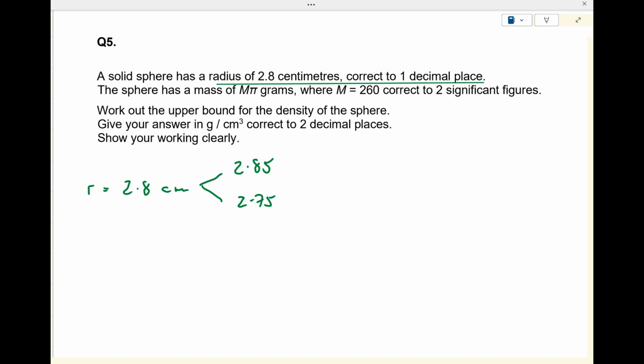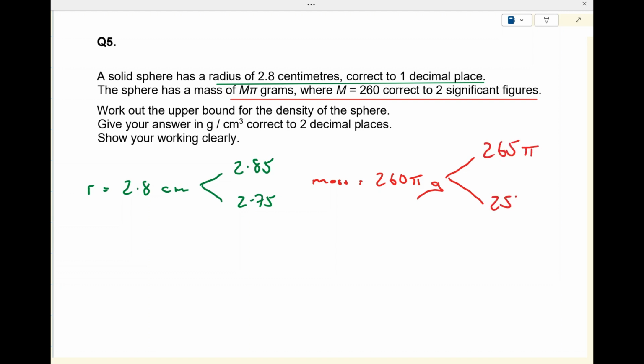The sphere has a mass of m pi grams where m equals 260 correct to 2 significant figures. Wait a minute. So the mass is 260 pi grams, where the 260 is correct to 2 significant figures. So 265 pi would be the upper bound and 255 pi the lower bound.